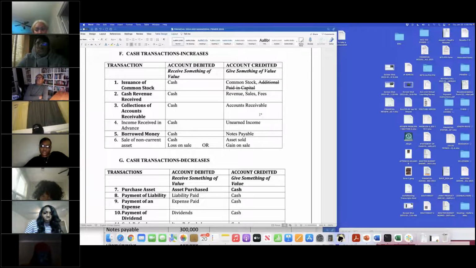The chart of accounts and the transaction types aren't on Blackboard under financial review. They aren't in there anywhere.